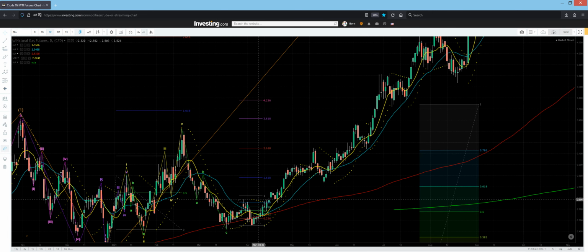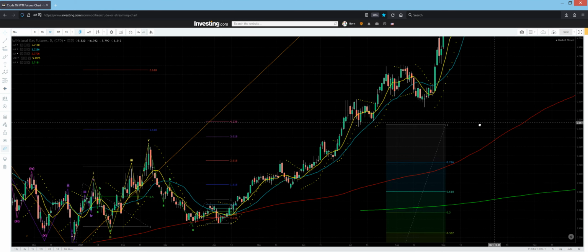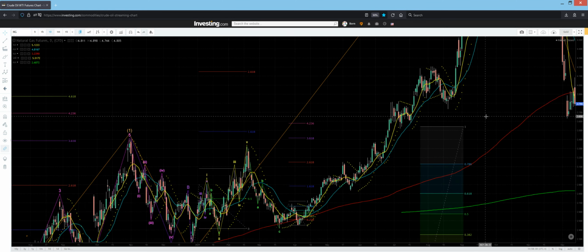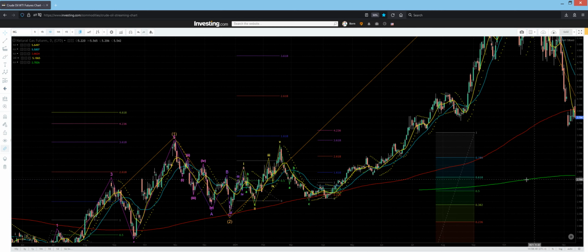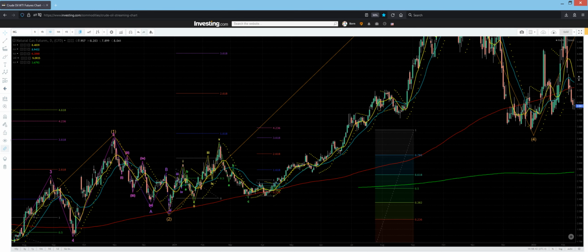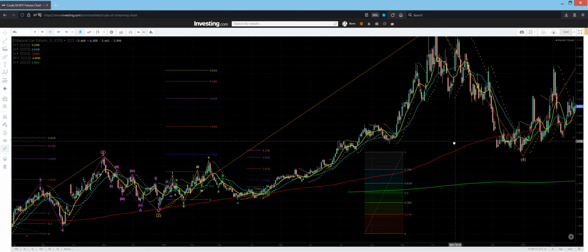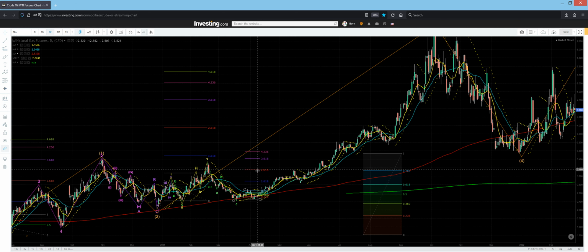Now we come along here. Where do we end up? If this is 1, 2, 3, look at that, 3, 4, 5 before we hit another correction. So what I'm trying to tell you here is, if that's wave 3, is this wave 5?